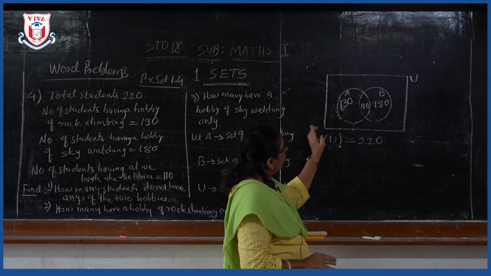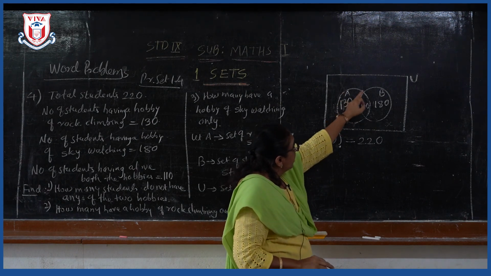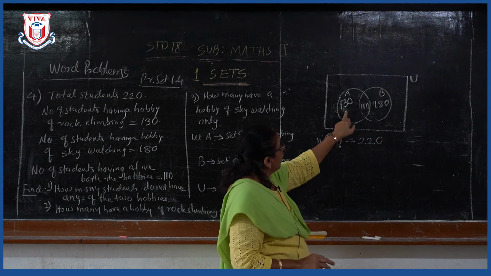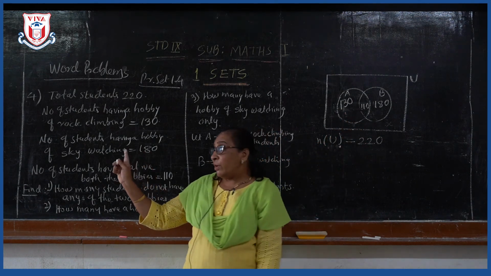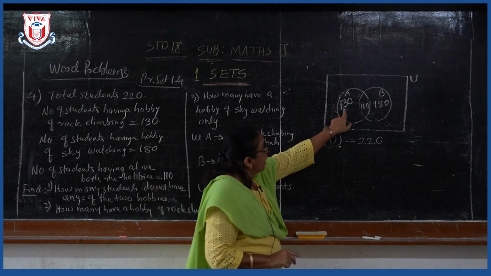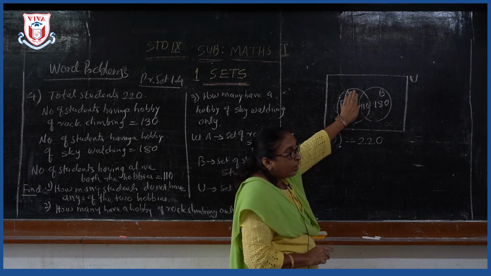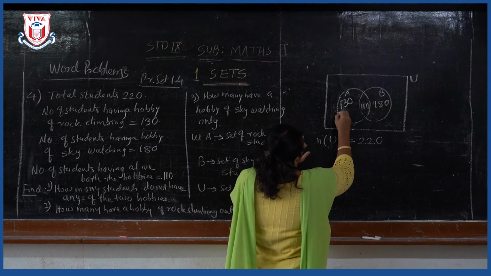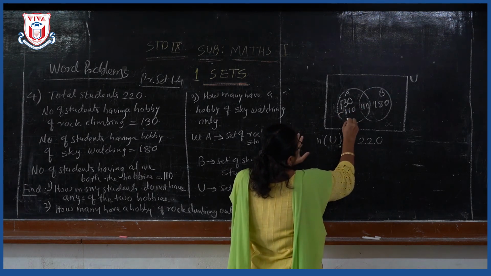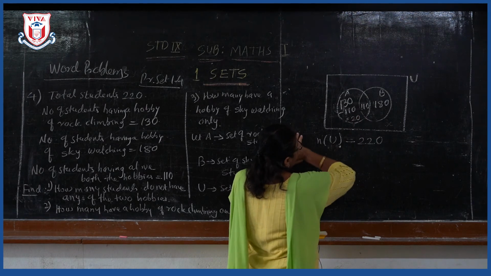So what we have to do? For the students having the first hobby, rock climbing, only rock climbing will have 130 minus 110, and that is equal to 20.